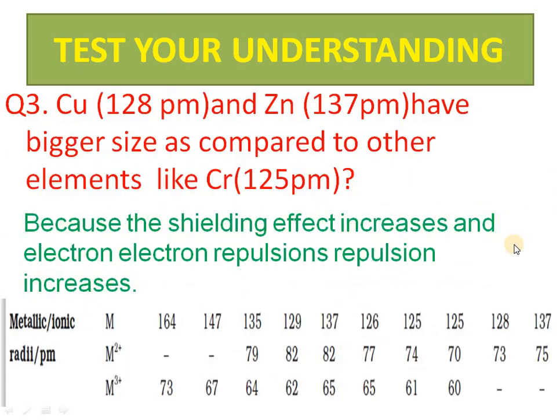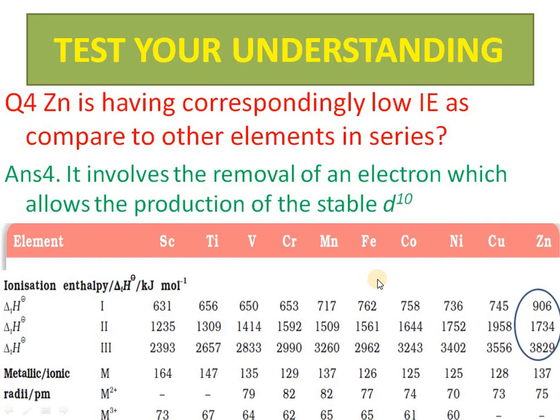So the next question: copper is 128 picometer, and zinc is 137. What is the reason for that? Because of the increased shielding effect and electron-electron repulsions, zinc has correspondingly low ionization energy compared to other elements in the series. It involves the removal of an electron, which allows the production of stable d10.